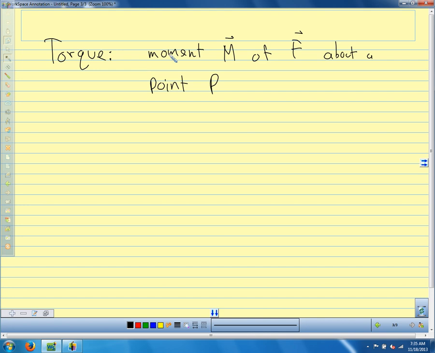So we're giving this force some weight proportional to its distance from this point P. So we define our torque as a moment. Let's draw a picture here, and we're in 3 dimensions.